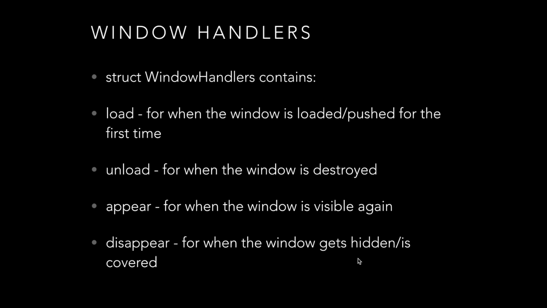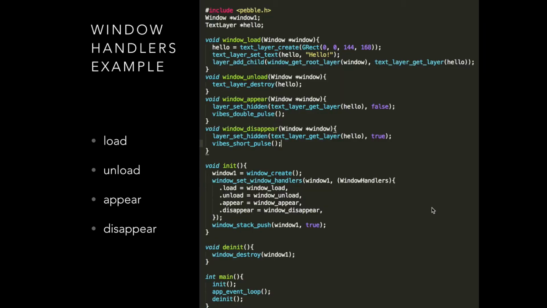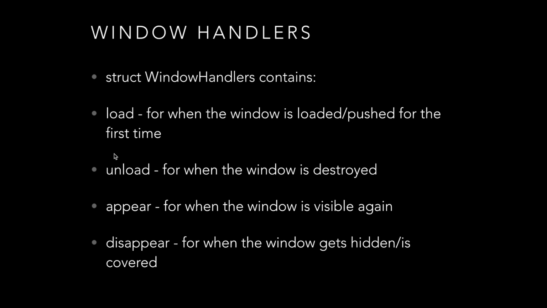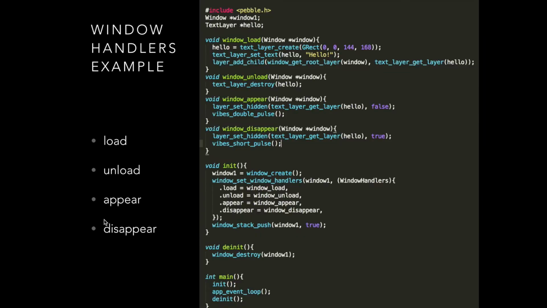It's covered, or pardon me, hidden. And I believe disappear or appear will be called on push and pop, but I'm not 100% sure on that. I haven't used those before. Generally you're only going to need load and unload, but appear and disappear sound pretty handy.